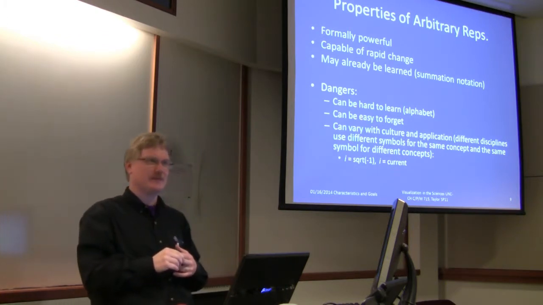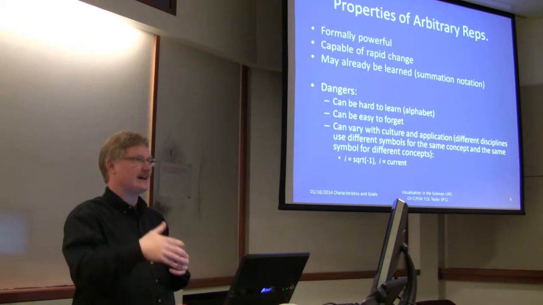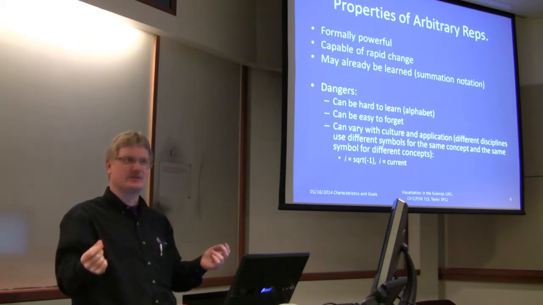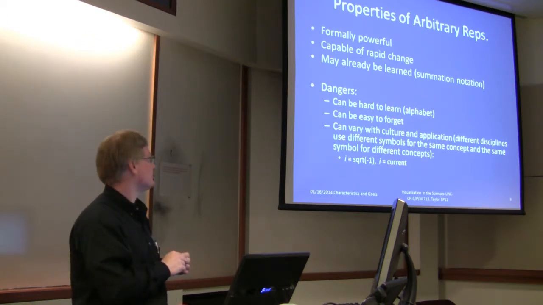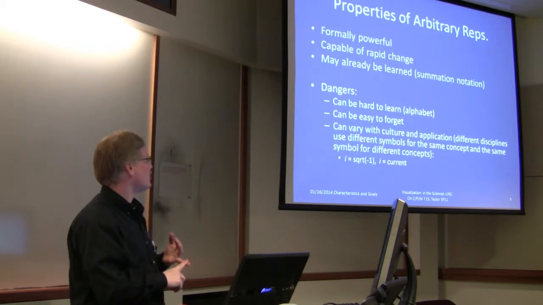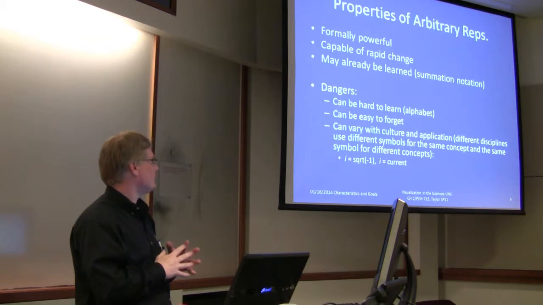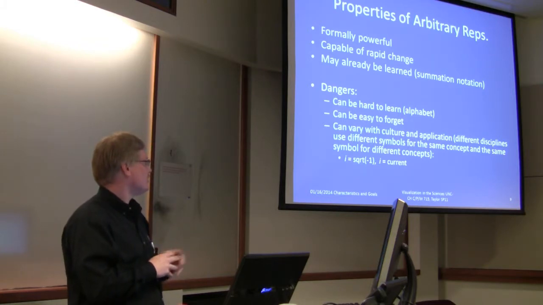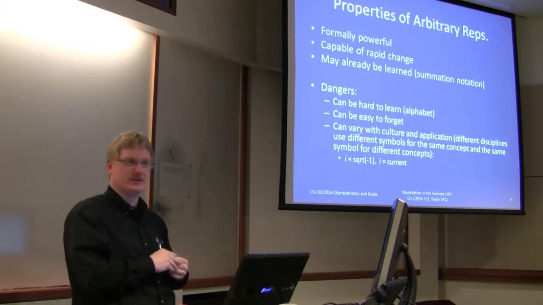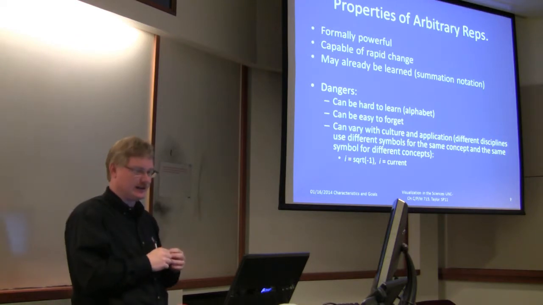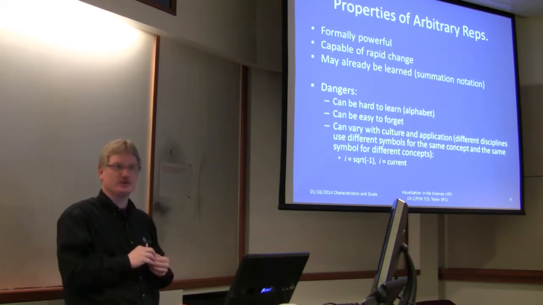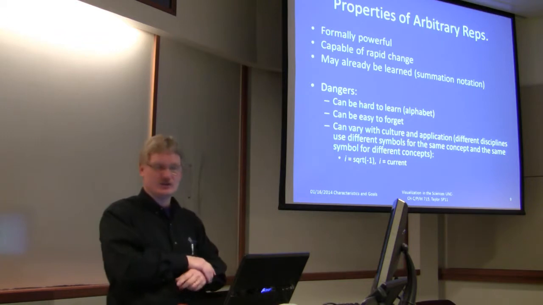Now pressure is mapped to the color red, and so you can do the same task over and over again, and very rapidly switch between things as opposed to having to remember which is which. It's hard to learn, easy to forget, and it can vary with culture and application, right? So mathematical symbols mean different things to different people, and colors mean different things in different cultures, and so that can be an issue to deal with.